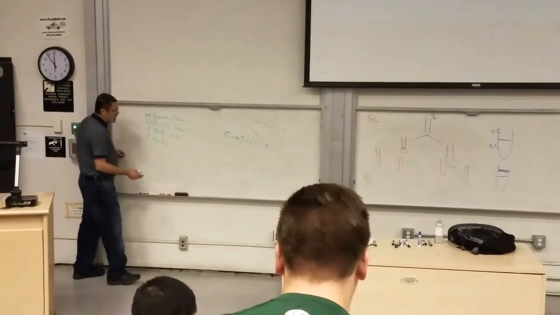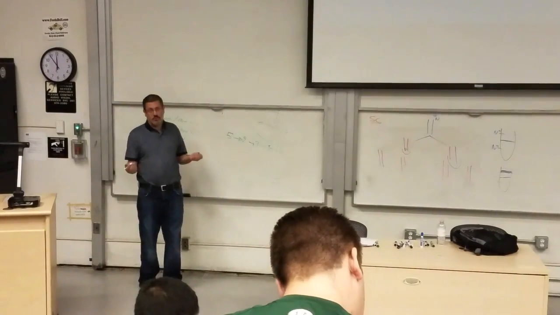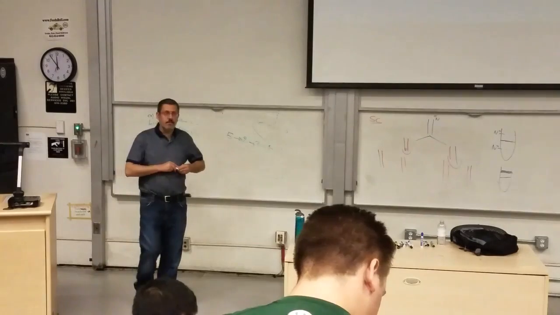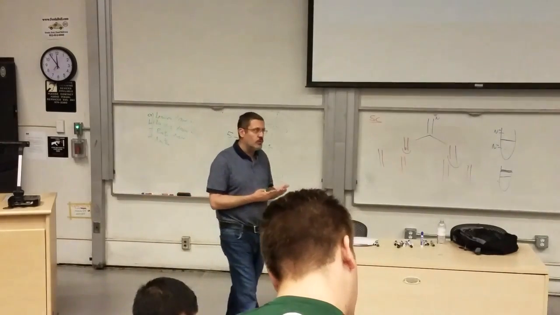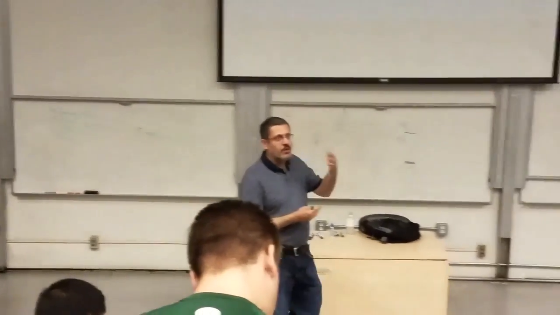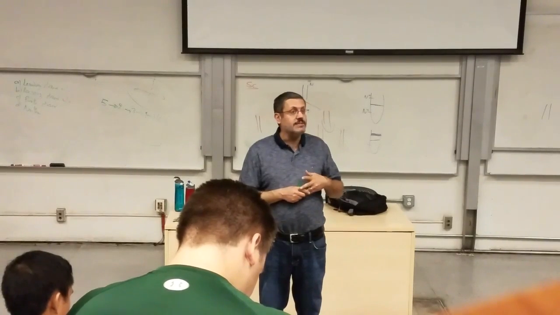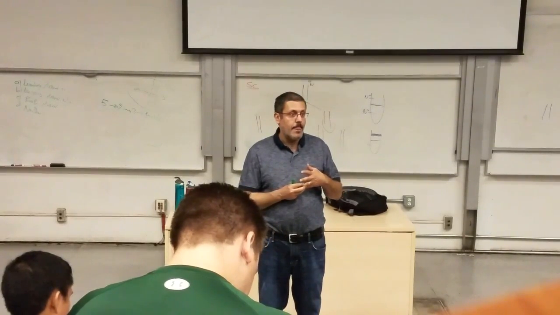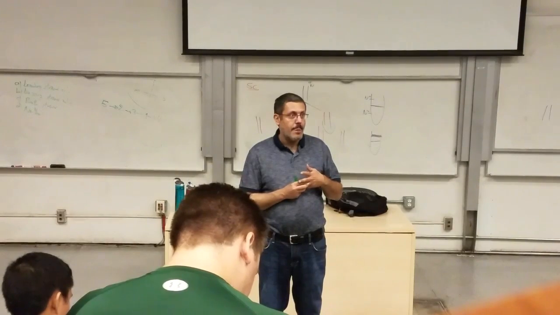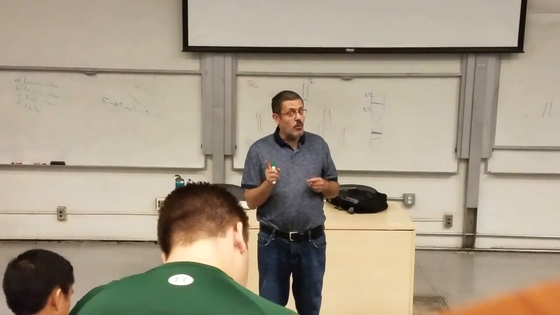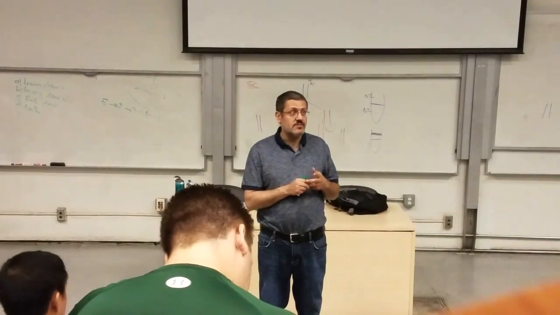So for example, if I mention DNA pol 3, does it work on the leading only, the lagging only, or both, or neither? Both. DNA pol 3 is the major replication enzyme. It's going to work on both. What about DNA pol 1? It's going to work on both, but what's the difference?